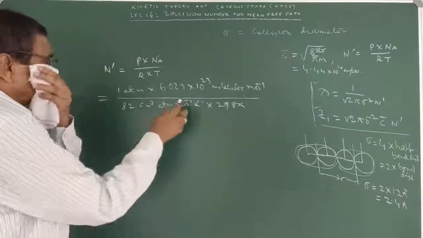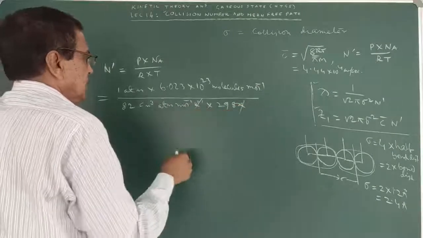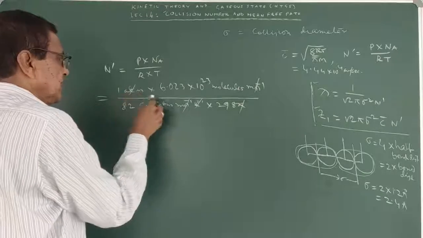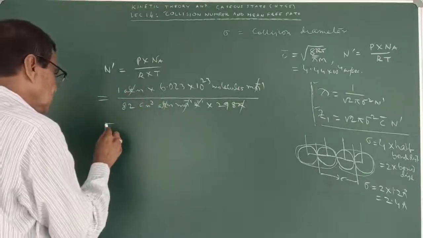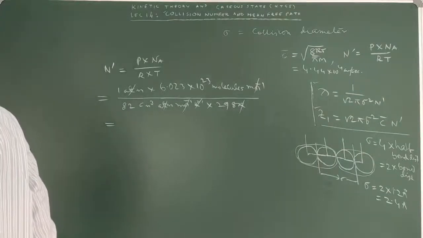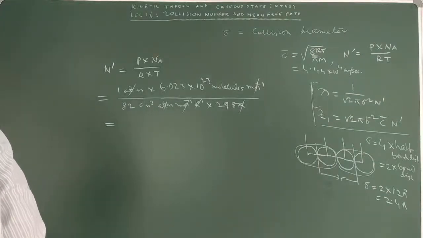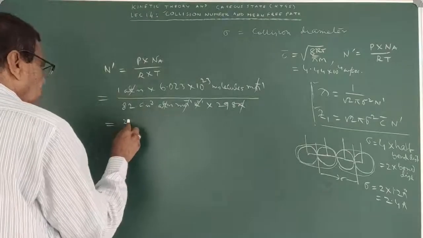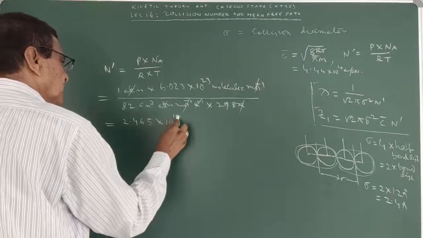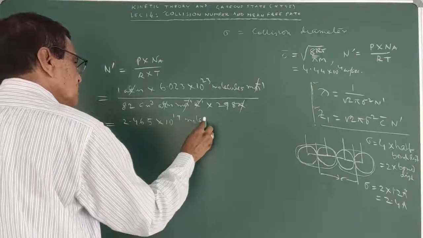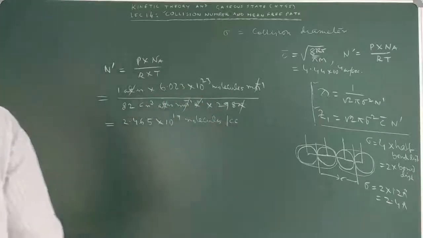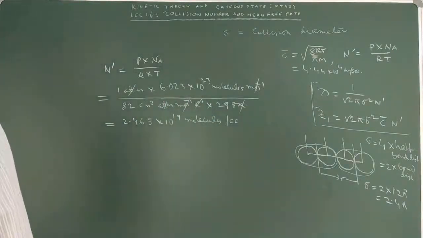Here Kelvin cancels, mole inverse cancels, and atmosphere cancels, and this will give you the value 2.465 into 10 to the power 19 molecules per cc.